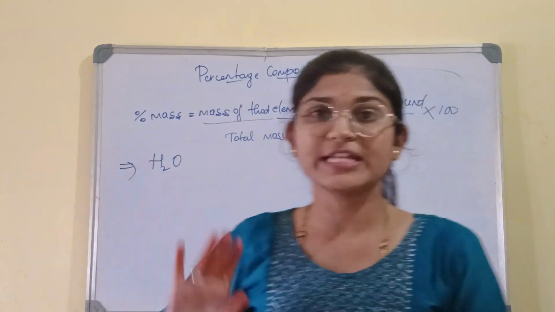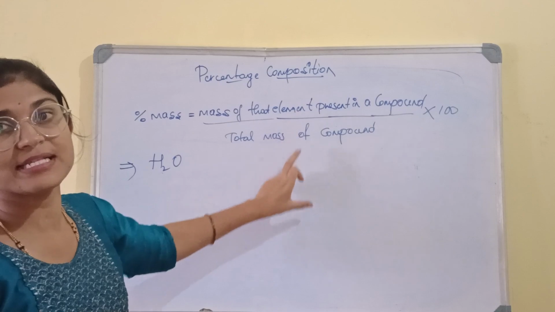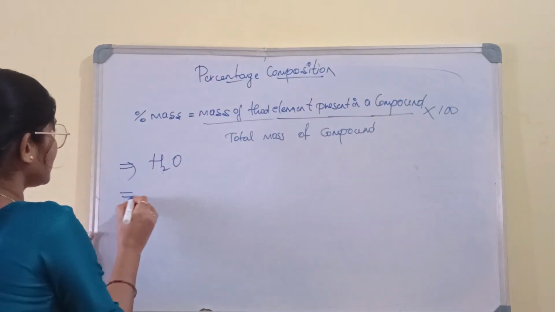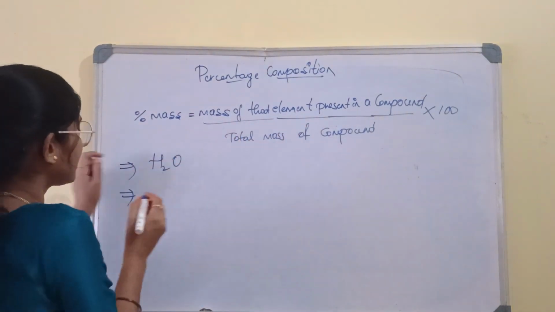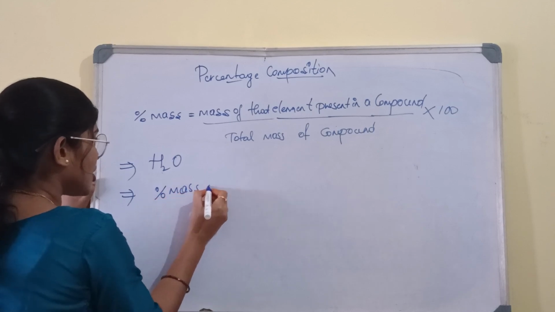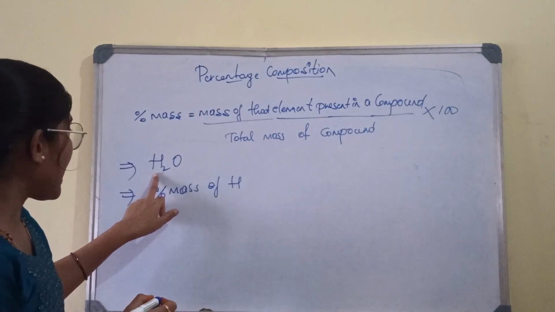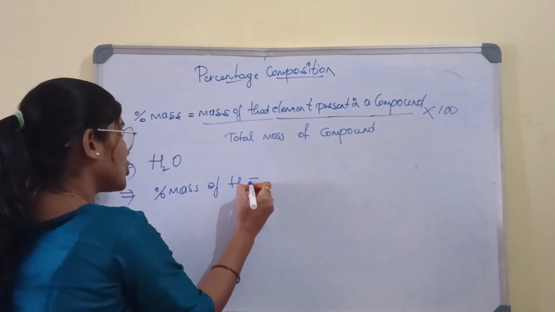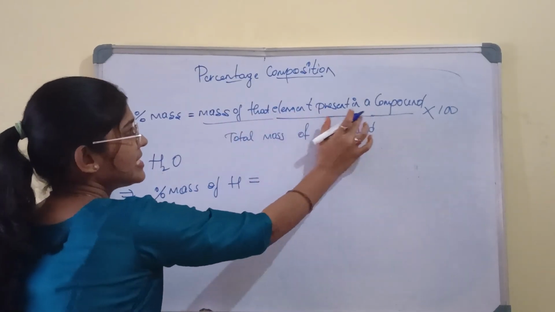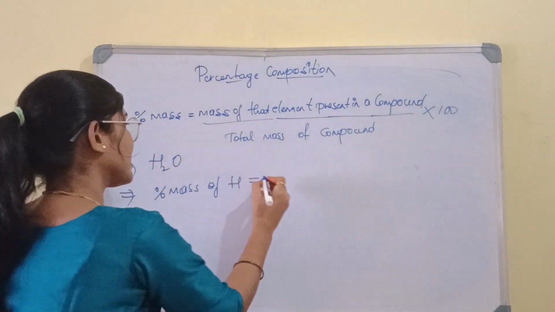So for that we need the mass of each individual element present in that compound. First, we have to calculate the percentage mass of hydrogen. Percentage mass of hydrogen is equal to mass of that element present in the compound. What is the mass of hydrogen? 1.